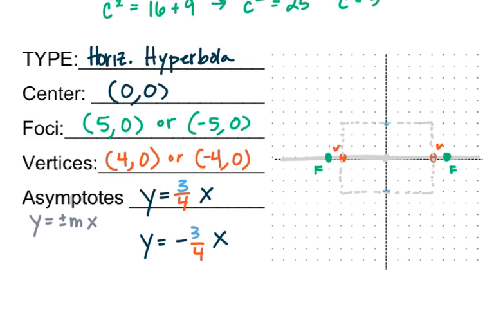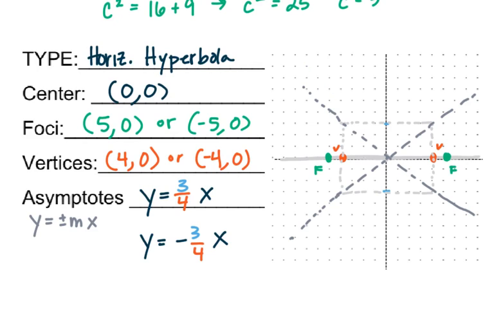And you'll see if I go to sketch those right now, that slope, if I went from the origin and I went rise 3, run 4, it takes me to that corner. Or rise -3, run -4, takes me to, again, the opposite corner. So I've got one asymptote right here, passing through the corners, and my other asymptote. That is not very straight.